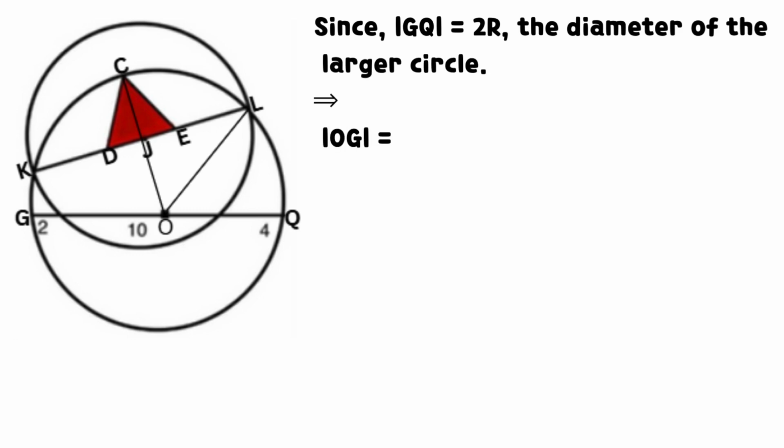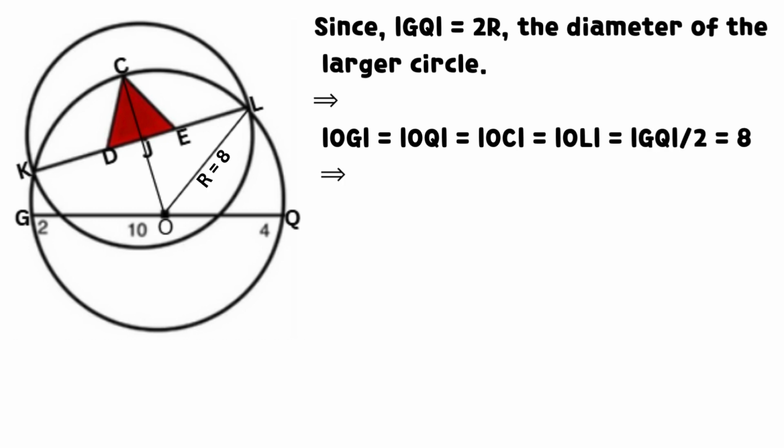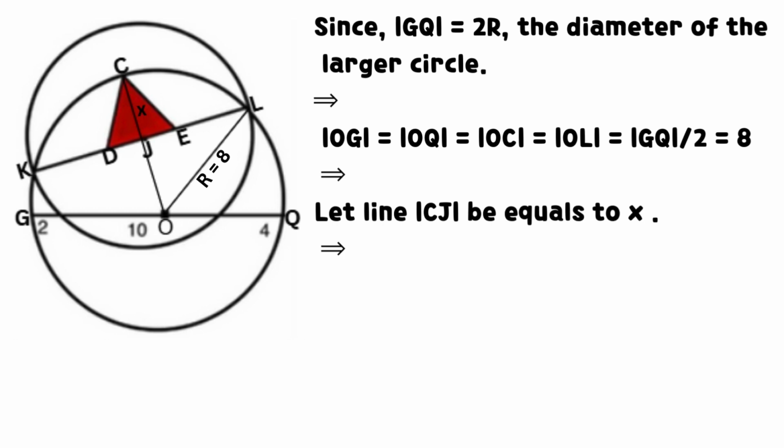Since GQ equals 2 times R, the diameter of the larger circle, it follows that line OG equals line OQ, which equals half of line GQ. The result is 8 units, as shown on the screen. Let line CJ equal X, which is the height of the red equilateral triangle.